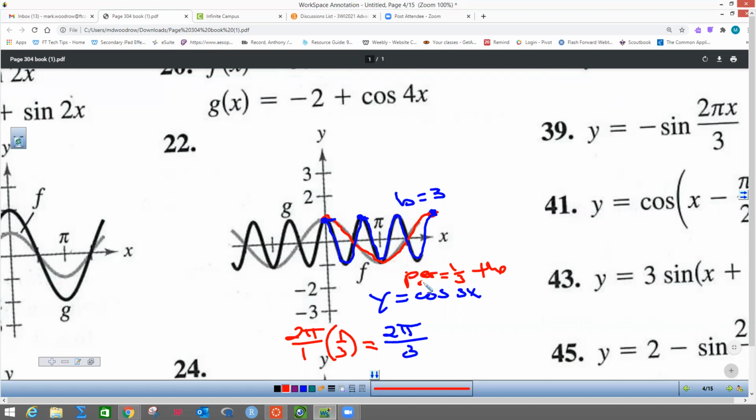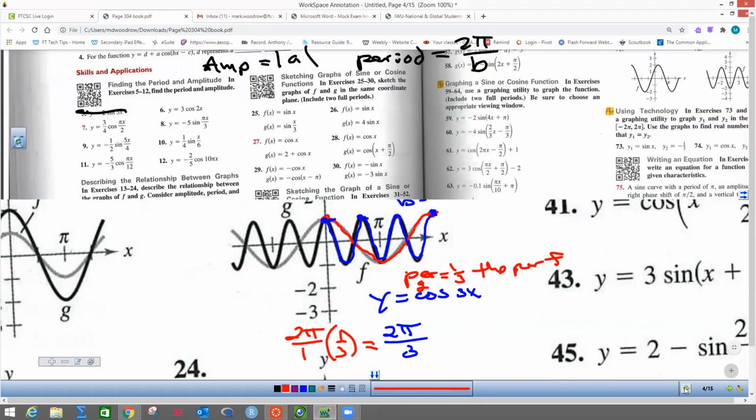I guess I should say the period of G is 1/3 the period of F. So the period's a third. So anything you wrote similar to this, you could say the B is 3 instead of 1. But those are some of the hardest ones. Periods and phase shifts are the hardest parts. Okay? All right, so that was number 22.